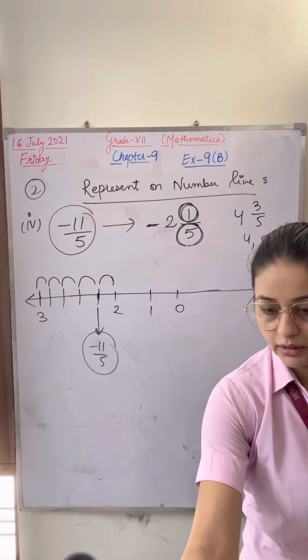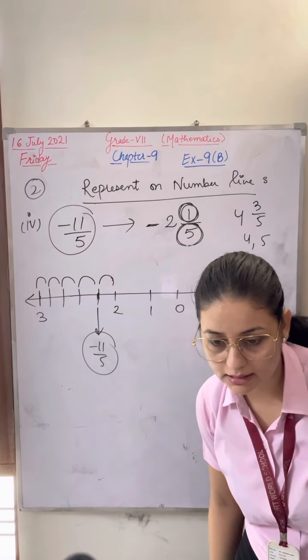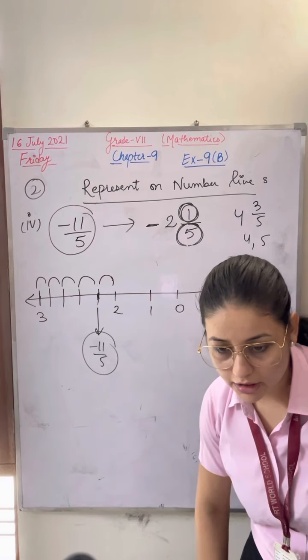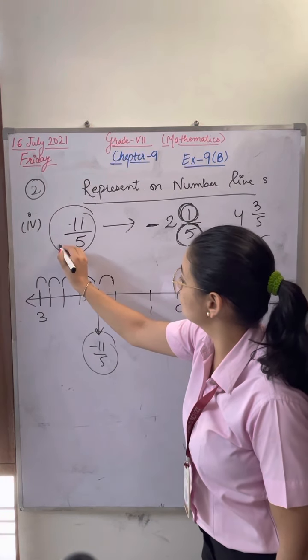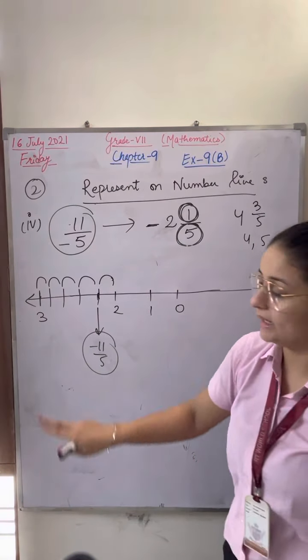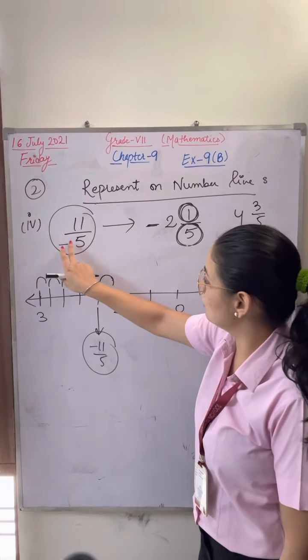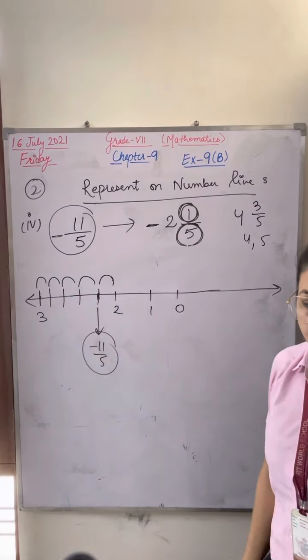Okay, very good. Any other query? Let me read. Who is asking? Ishita. Ishita is saying, if the denominator is negative. Ishita, if it is a minus sign here, I told you yesterday also, if the minus sign is here, that means the minus sign is the common sign of the fraction.